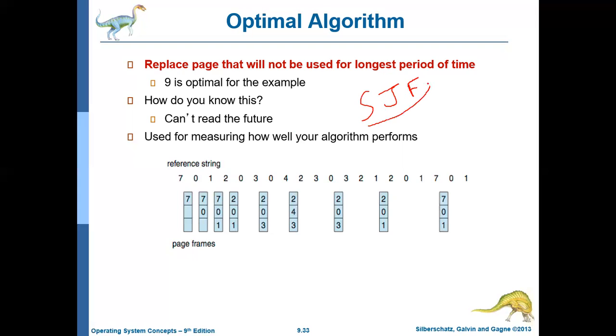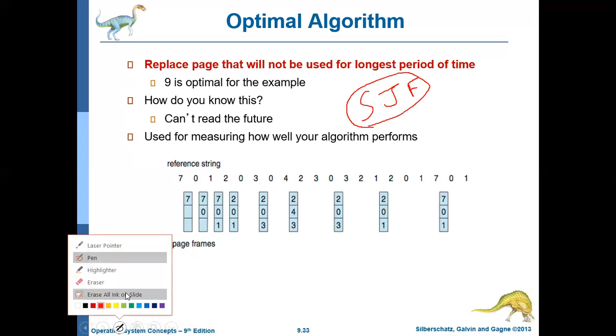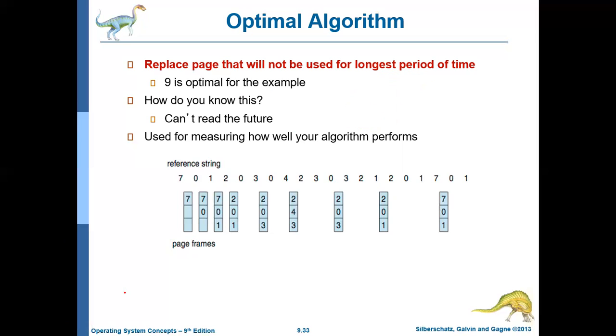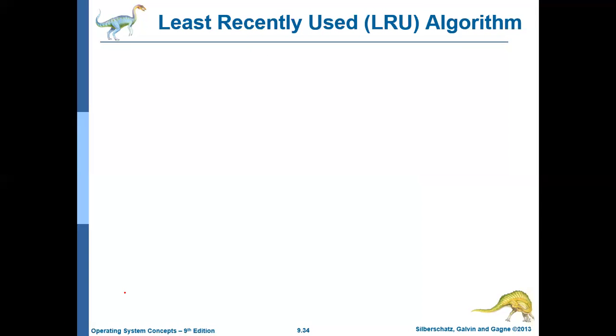So for that we did some prediction, but that is also predicting the future. So this is also similar to that. Okay, so the point is optimal replacement algorithm cannot be implemented in reality, but it can be used as a reference point to assess the performance of other page replacement algorithms, right?